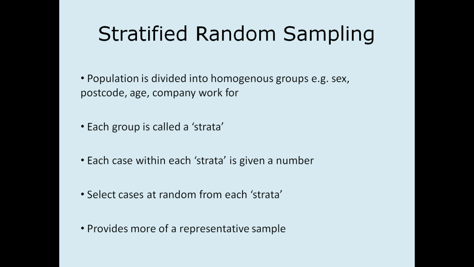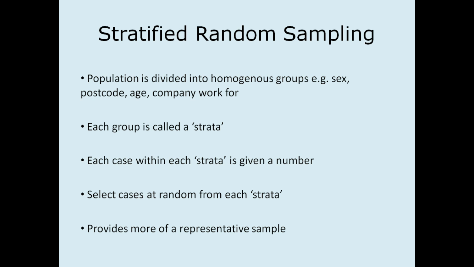We might divide people by postcode, and put people or companies in groups based on their postcode. We might do it by age, or by the type of work that a company does. The way you divide it up is completely up to you. There might be some reason behind it, but how you divide this population up into groups is totally up to you.